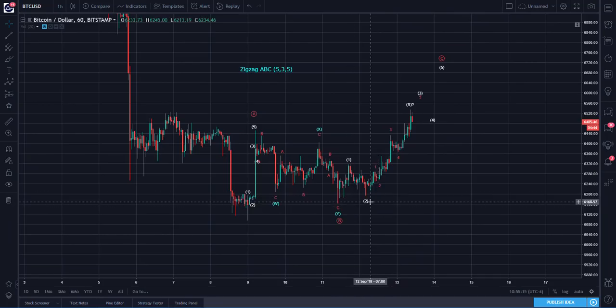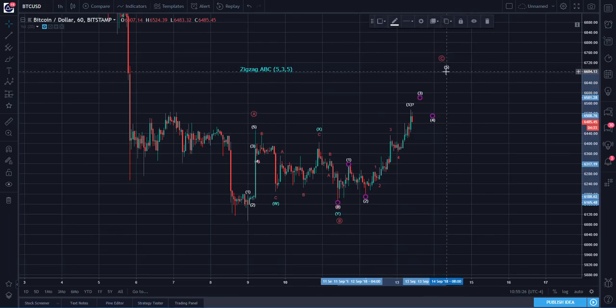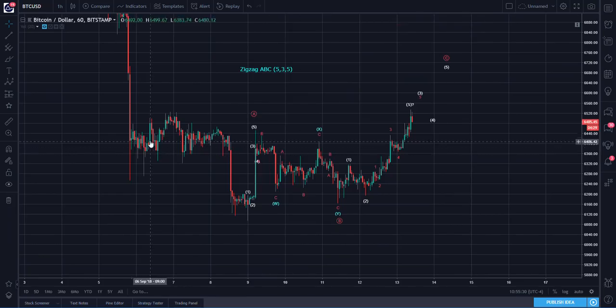So we have 1, 2, 3, 4, and 5 potentially, or I would prefer 1, 2, 3, 4, and a 5. Higher highs. The higher high will be at around 66, 6700, according to the inverted head and shoulders pattern, which I will not draw in here.